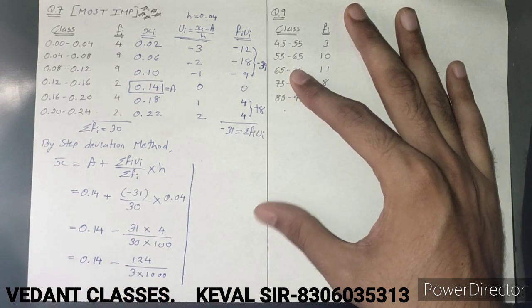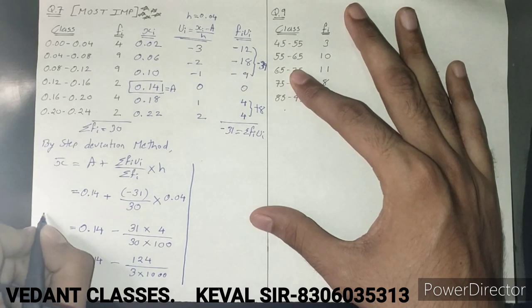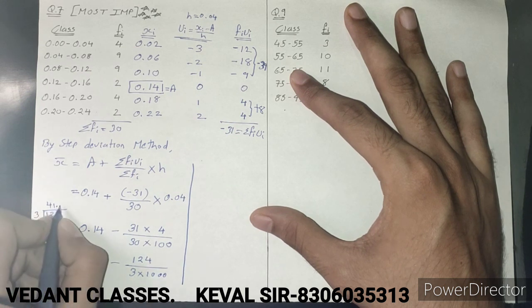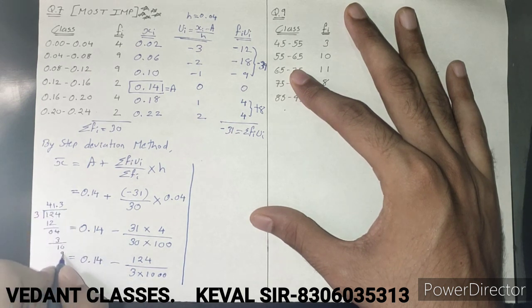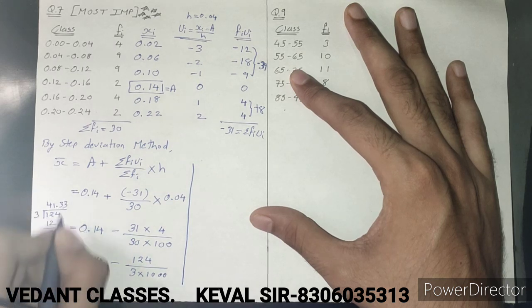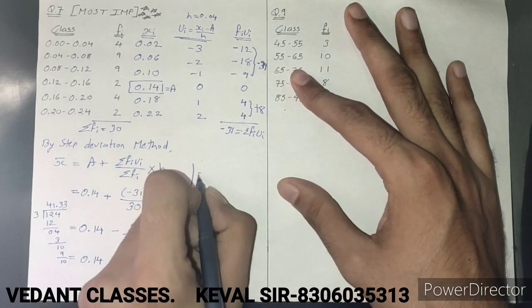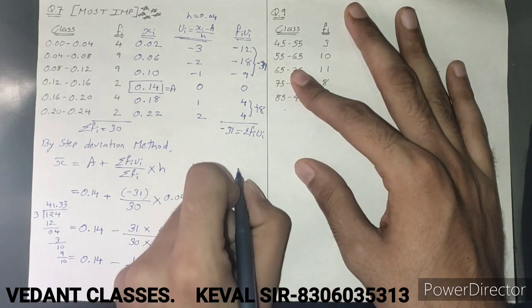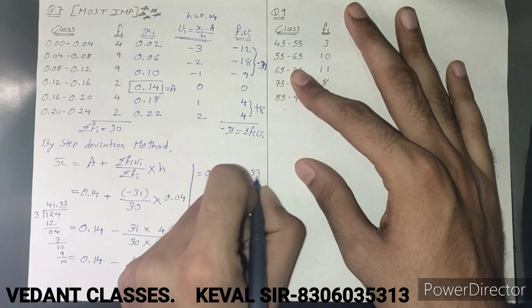Okay, now we need to divide it. Let's divide. When you divide it, first of all it will become 41.33. So 0.14 minus 41.33.